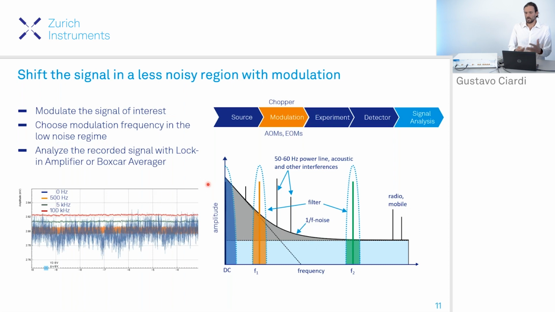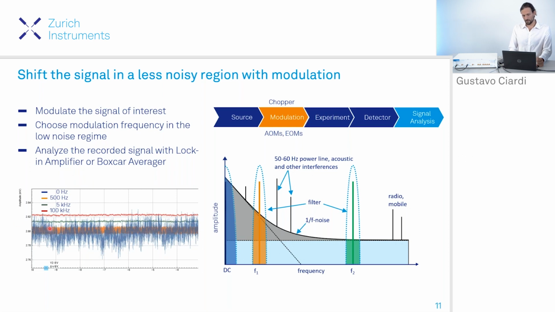In order to shift the band of interest to a region with lower noise, we need to introduce a modulation in our signal. Typical examples of modulation in optical experiments are a chopper, acousto-optic modulators, or electro-optic modulators. Once we have modulated our signal, we also need to demodulate it at the very same frequency, for example with the help of lock-in amplifiers and boxcar averagers.